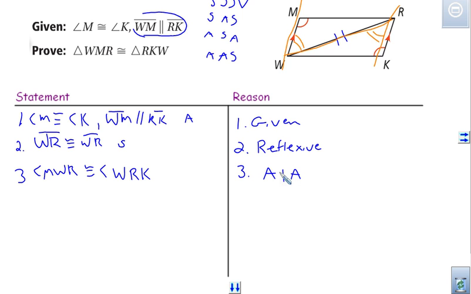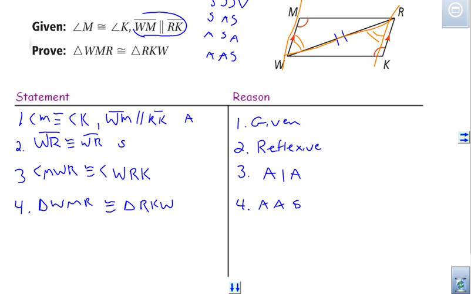That means that alternate interior angles are equal. So there is our second pair of angles. So now we have angle, angle, side. So triangle WMR is congruent to triangle RKW because of angle, angle, side.